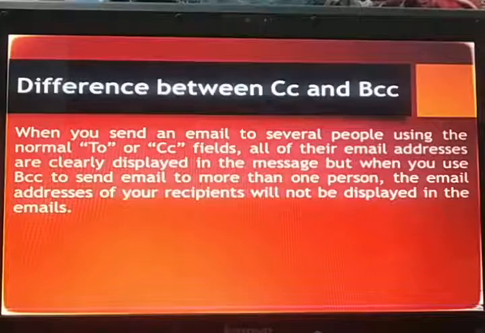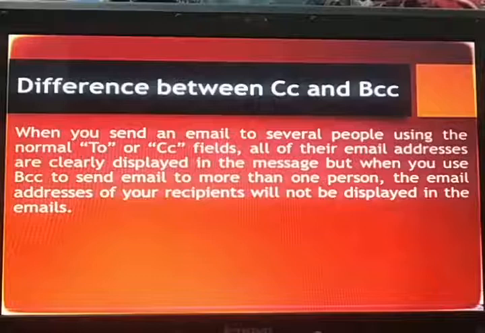Both Cc and Bcc forward a copy of the message to everyone you have listed. The main difference between Cc and Bcc is that with Bcc, the recipients do not get to know each other. Using Bcc protects the privacy of your recipients and helps reduce spam.